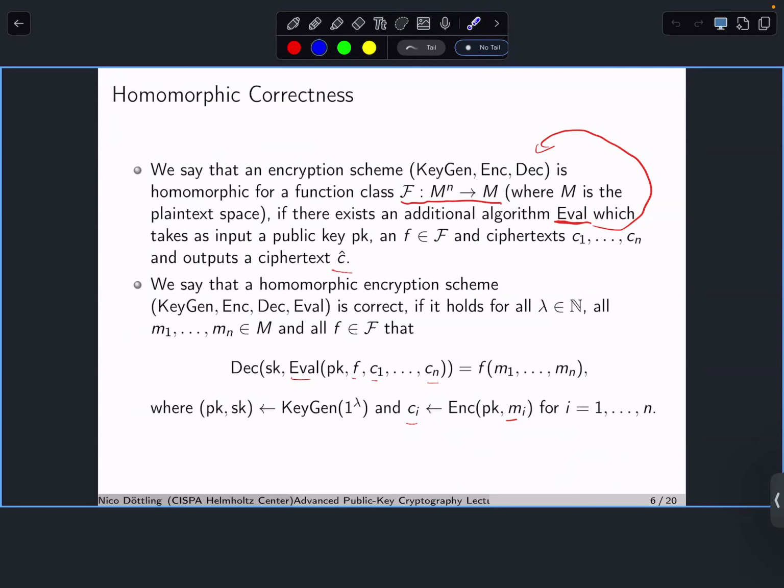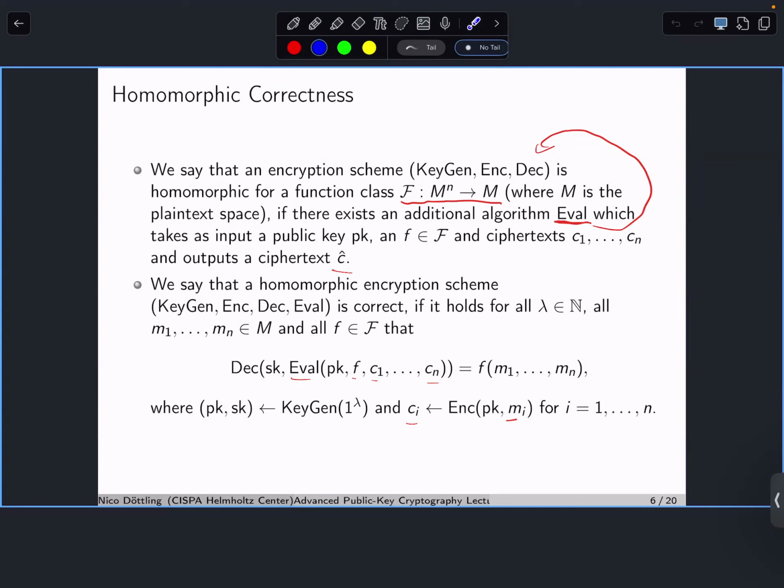The security notion we're targeting with homomorphic encryption is CPA security. There is no conflict between having homomorphism and CPA security, whereas with CCA security, this is a clear conflict, or at least with CCA2 security.